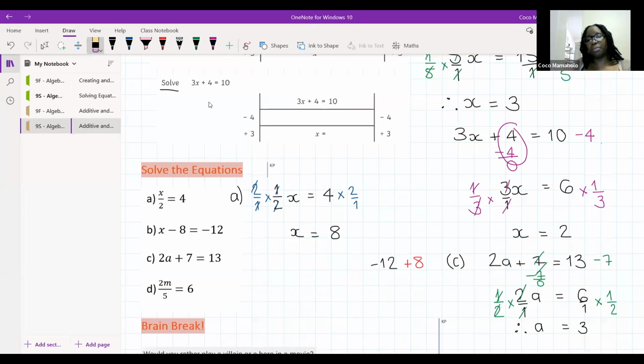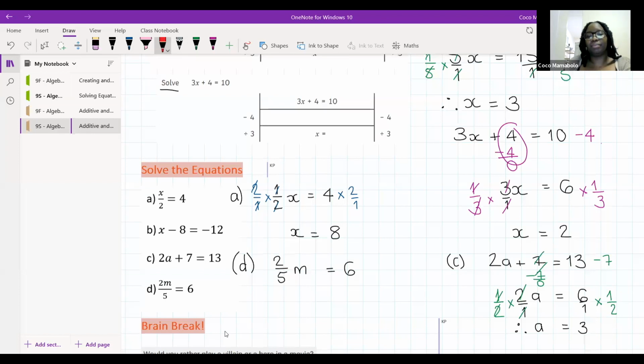Let's do D. I'm going to rewrite it a little bit so that it looks like a fraction. We're going to get 2 over 5 times m is equal to 6. Okay, so you're going to use the multiplicative inverse.